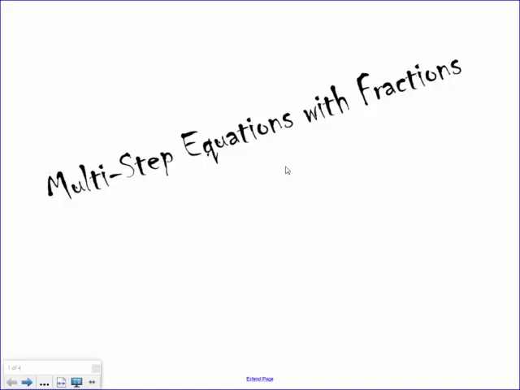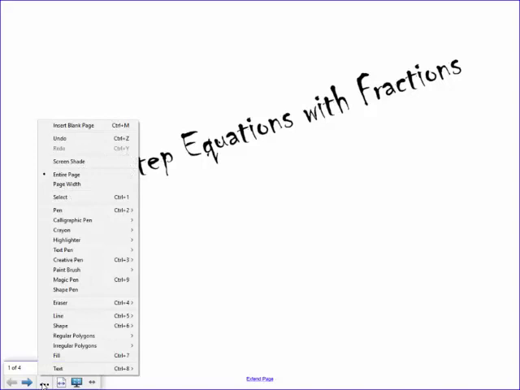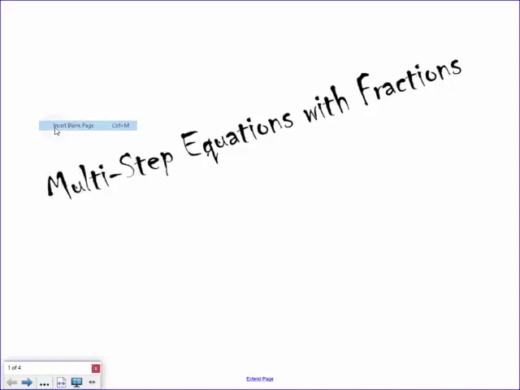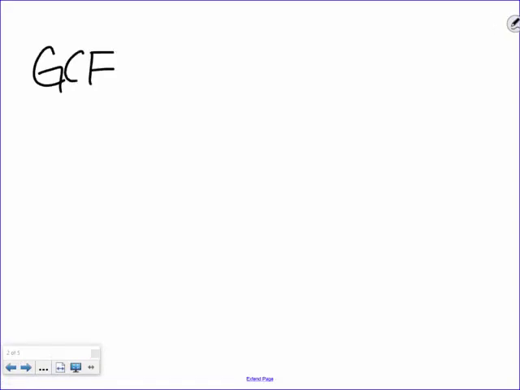Okay, I'm going to add a page in here. So greatest common factor is something we will do a whole lot more in the spring, because it's going to help us with one of our units. But if I told you to find the greatest common factor of 12 and 18, what would you tell me? 6.